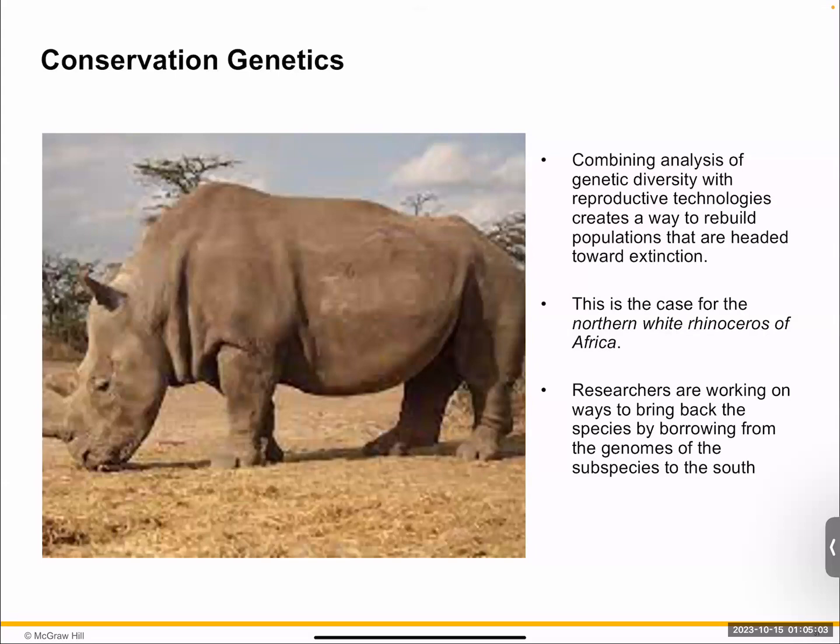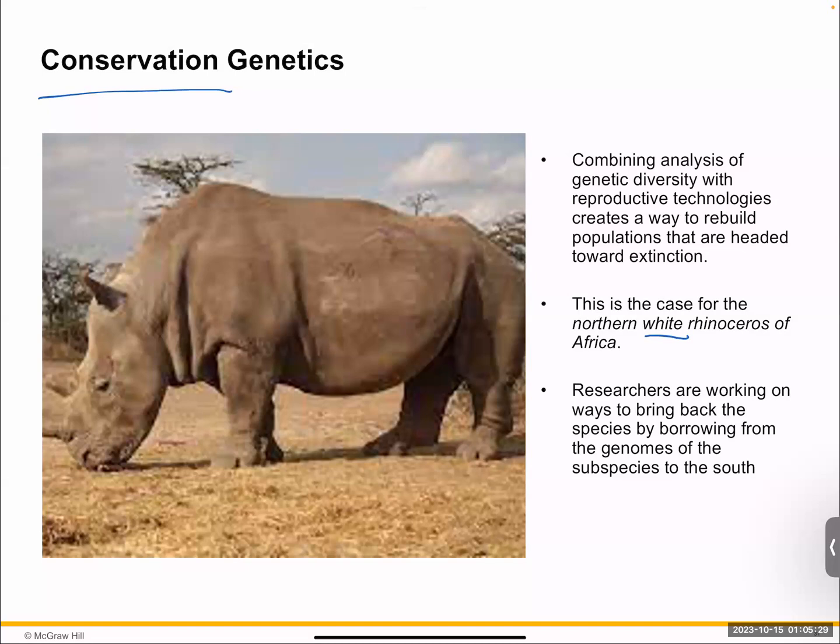Another aspect of genetics is conservation genetics. The word conservation has been thrown around a lot in recent years, but it's important to assess it in terms of genetics. What you see in this picture is what we call a white rhino of Africa. They were heading for extinction.